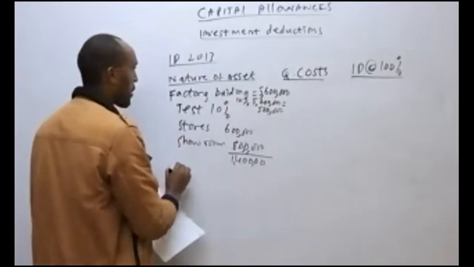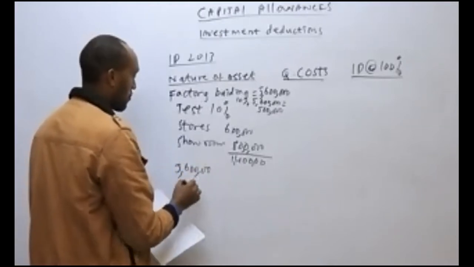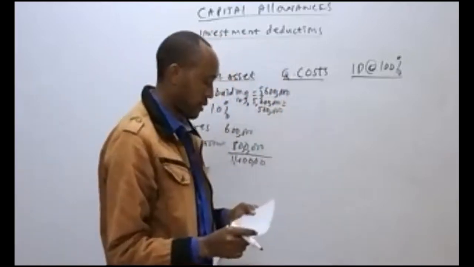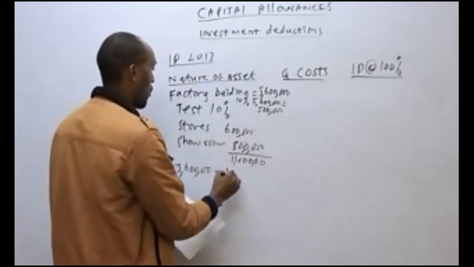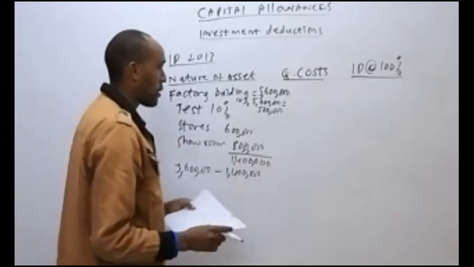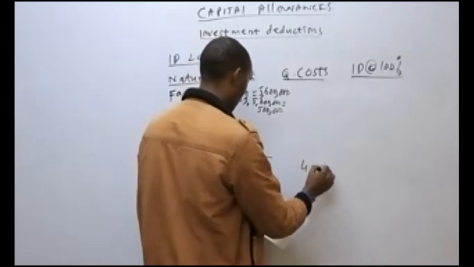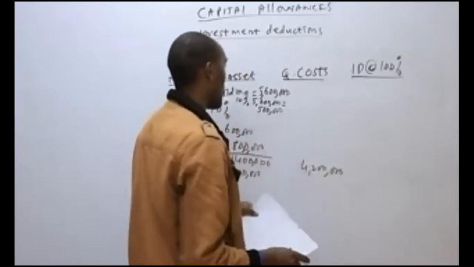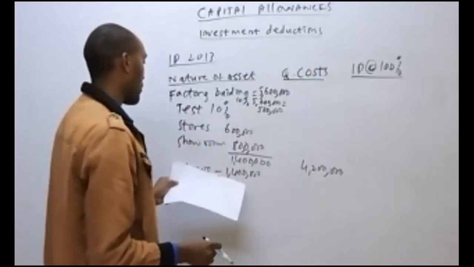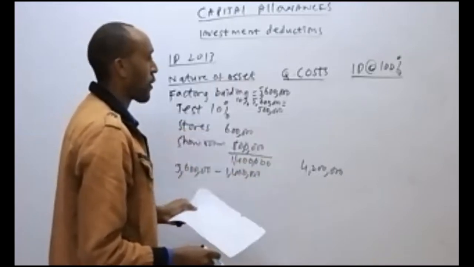So we need to come here and we ask ourselves this question. 5.6 million minus 1.4 is equals to how much? So the qualifying cost here is around 4,200,000. Okay, so we ask ourselves, is 4.2 million more than 560,000?